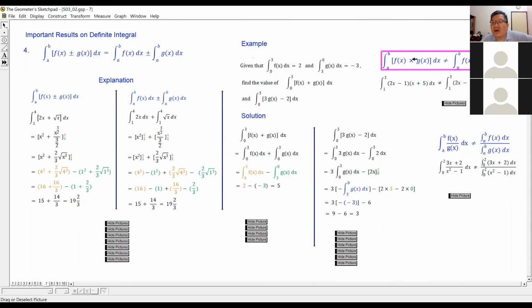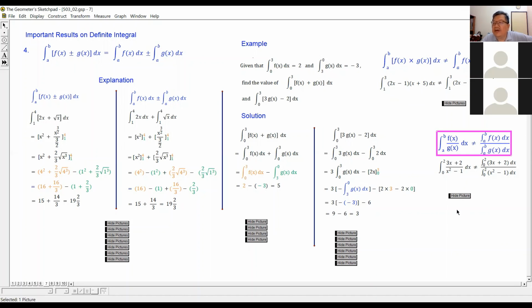But if it is not plus or minus, if it is multiply, can you say that I integrate this one, multiplied with the integral of f(x) multiplied with the integral of g(x)? Cannot. This result is only true for addition and subtraction. You cannot use the result for multiplication. Okay or not?